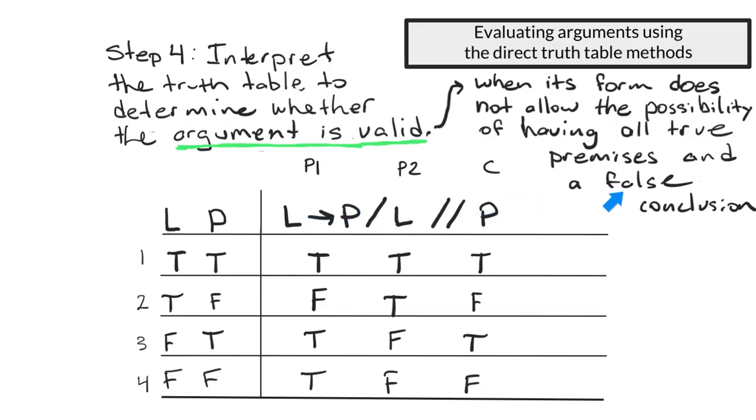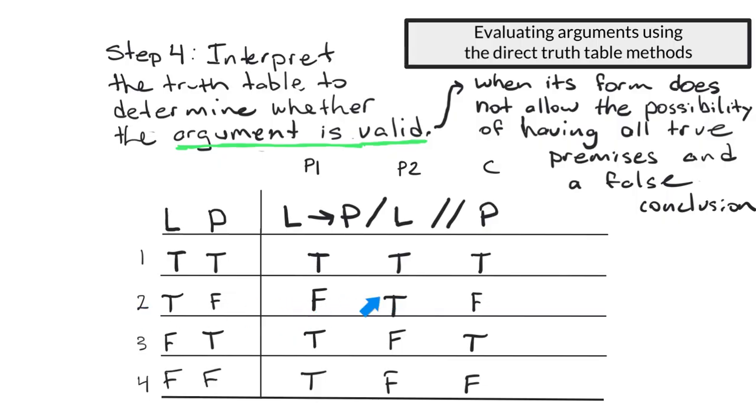So we look to see if it's possible for it to have all true premises and a false conclusion. Any row, just one single row of having all the premises true and the conclusion false, then that argument is invalid. So when we look at this, we look at row 1 here, and then we look, premise 1 is true, premise 2 is true, and the conclusion is true. So far, so good. Next row, row 2, well, the first premise is false.